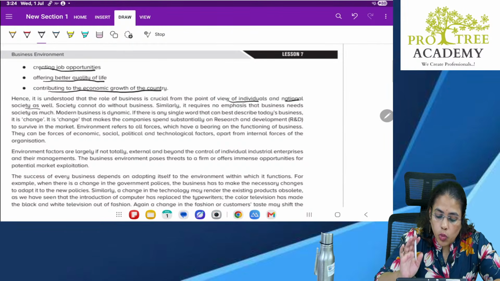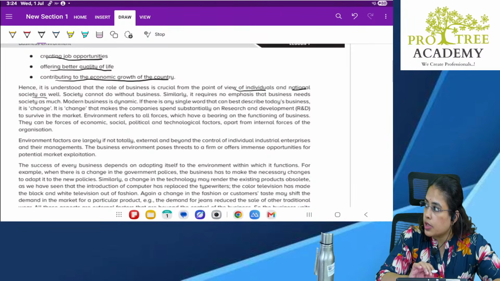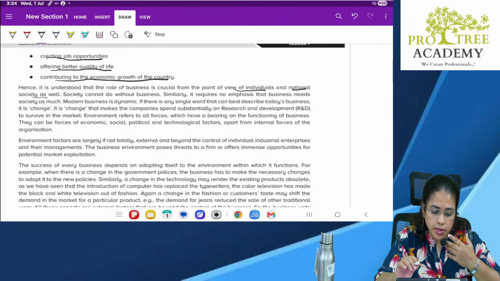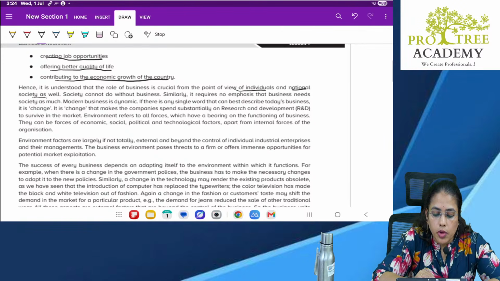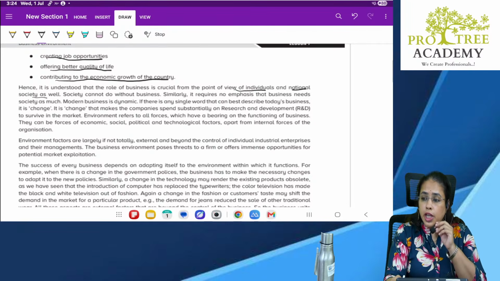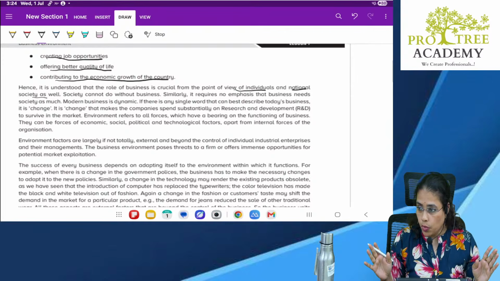Society cannot do without business. Similarly, it requires no emphasis that the business needs society as much. So what they are telling, society and business both need each other. You cannot be without that.